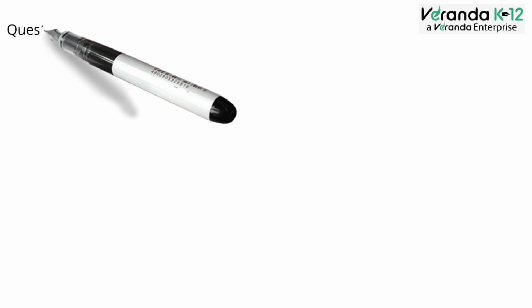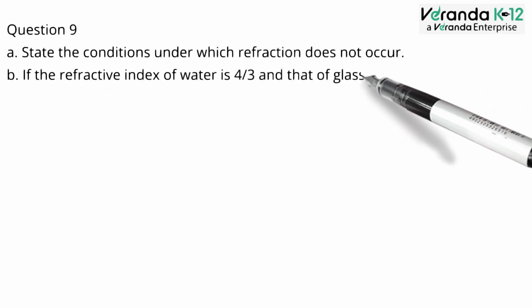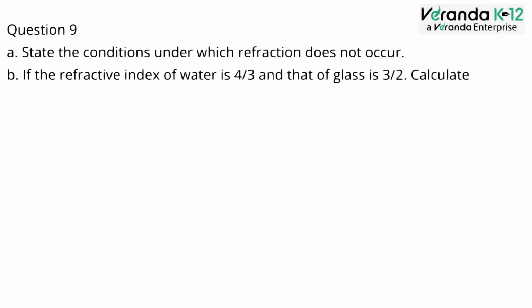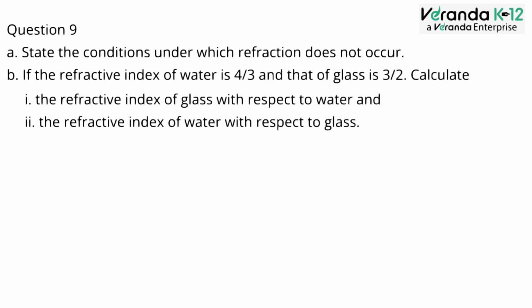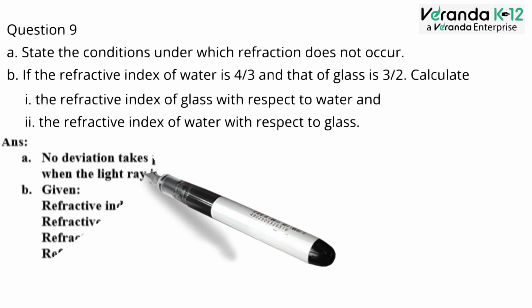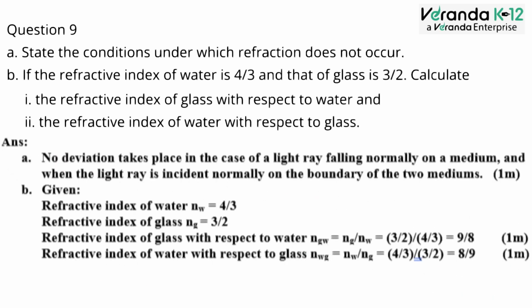Question number 9. Subdivision A. State the conditions under which refraction does not occur. Subdivision B. If the refractive index of water is 4/3 and that of glass is 3/2, calculate part 1, the refractive index of glass with respect to water, and part 2, the refractive index of water with respect to glass.